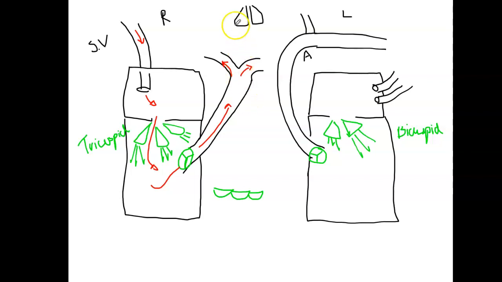And then it's gone to the lung. When it returns, it's coming in through the pulmonary veins into the left atria, down into this ventricle, and then out through the aorta, and out it goes. Or if it goes to the head or to the arms, it'll go out that way.